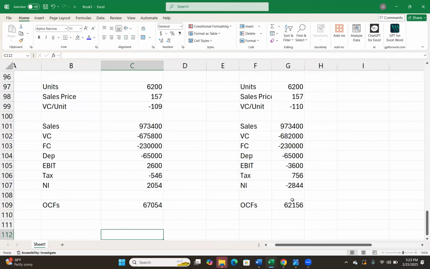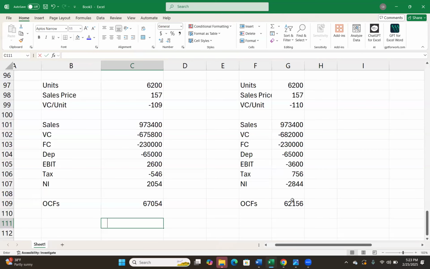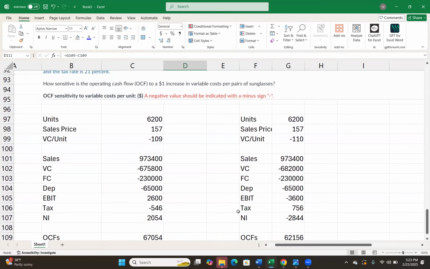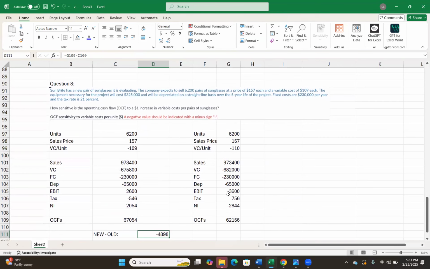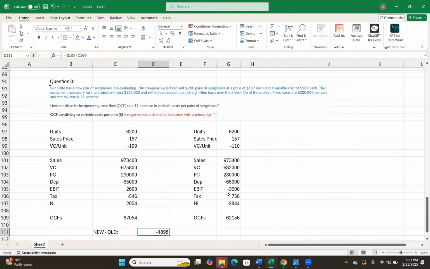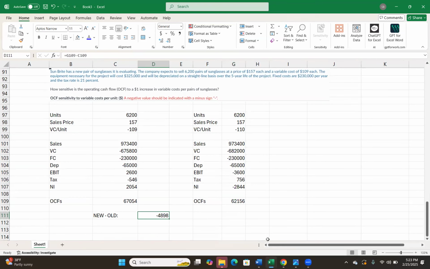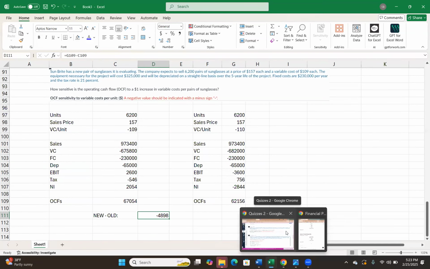So new minus old should be equal to 621 minus 67054. So this is my OCF sensitivity when I increase my variable cost $1. Does this make sense to everyone here? I'm going to assume that means yes. Negative 48.98.